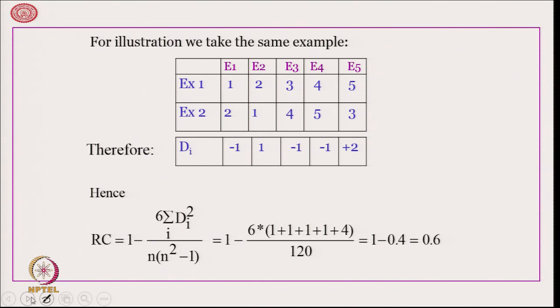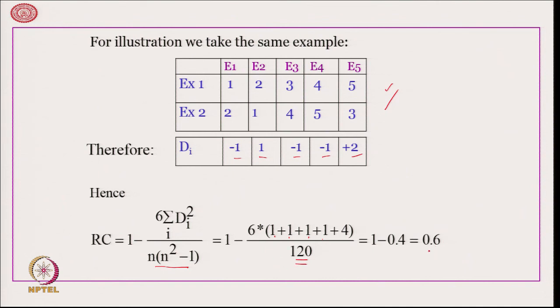Therefore, if we apply the same formula for the same data, then we get di equal to minus 1, plus 1, minus 1, minus 1, and plus 2. Therefore, 1 minus 6 into sigma di square is 1 minus 6 into (1 plus 1 plus 1 plus 1 plus 4) divided by n into (n square minus 1), which is 5 into 24, that is 120.